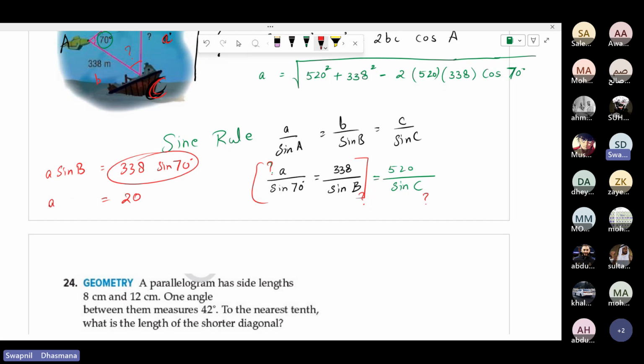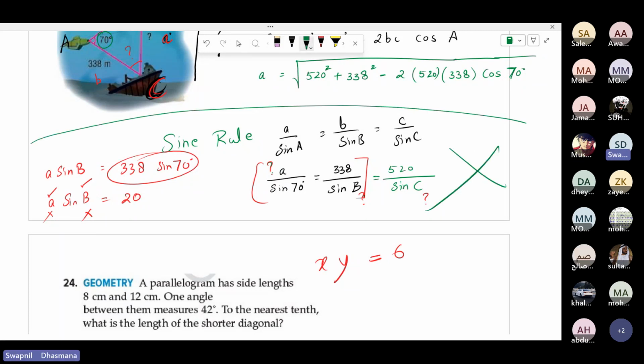So now you don't know a and you don't know the angle. Two variables are unknown. Can you solve it? No. Can you solve this? It's like x and y. One minute. Okay, thank you. I'll explain what you actually need.